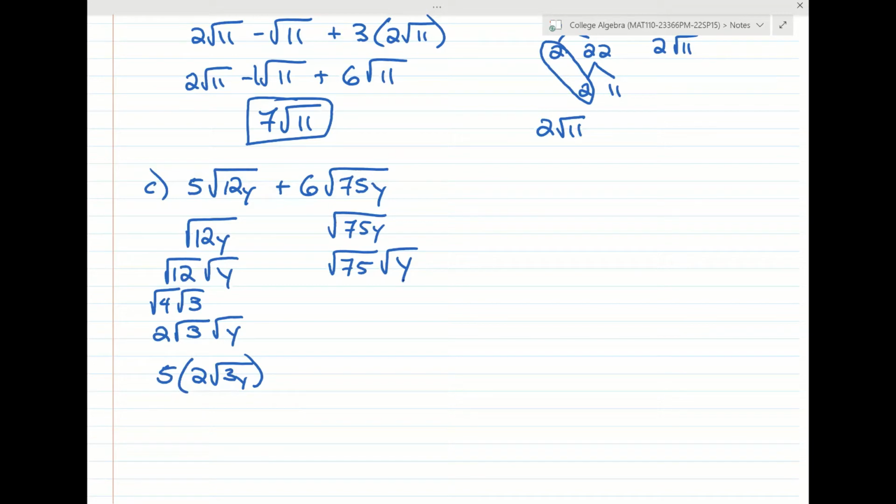But what's the biggest perfect square that goes into 75? 25. So simply we could just write the square root of 25 times the square root of 3 times the square root of y. So simplifying the square root of 75y would just be 5 root 3y, or 6 times 5 root 3y.